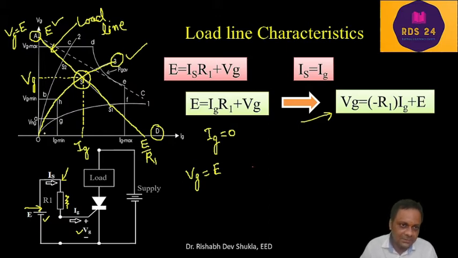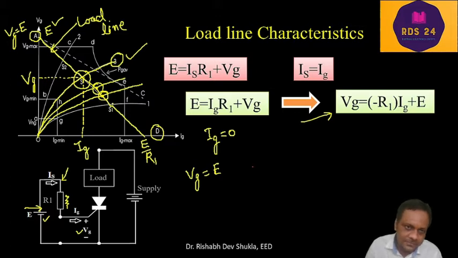If we have a characteristic like this, then our intersection point will be like this, and our operating point will be shifted to this point. If we have a characteristic like this, then our operating point lies here at the intersection between the drawn curve and the load line.